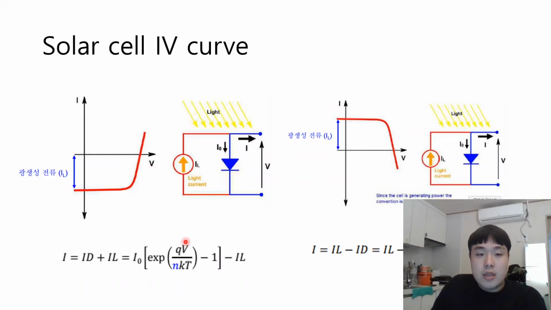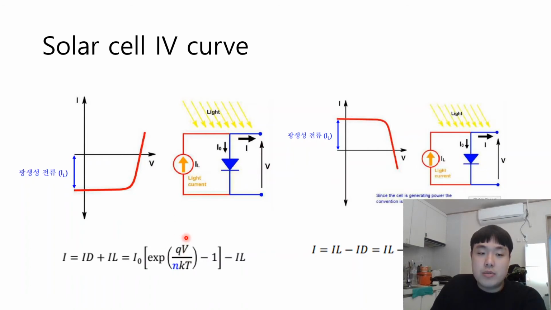And from this graph we can define the formula like this figure, and this figure means the whole current of the solar cell diode circuit, and this is the formula of the whole current of the semiconductor. And we can focus on this n constant, and this n constant means the ideality factor of the solar cell.